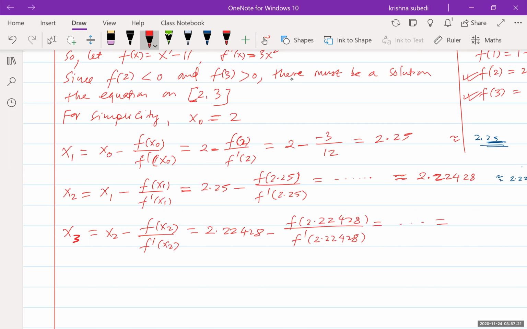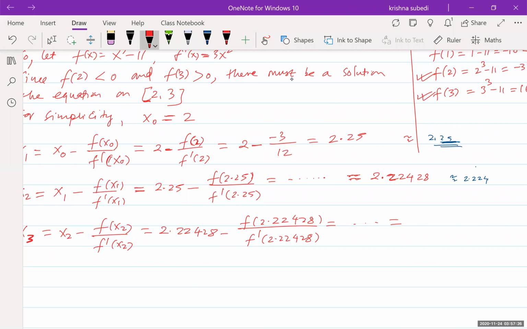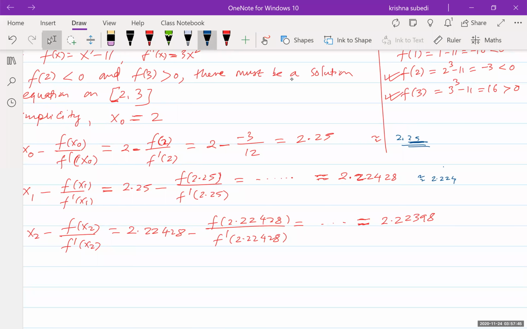Let me plug in this value in my calculator, and this is what I got. If I approximate this to the nearest thousandth, what do I get?